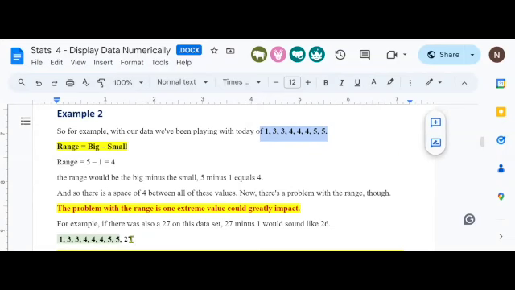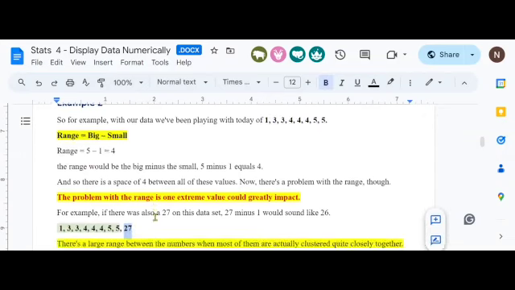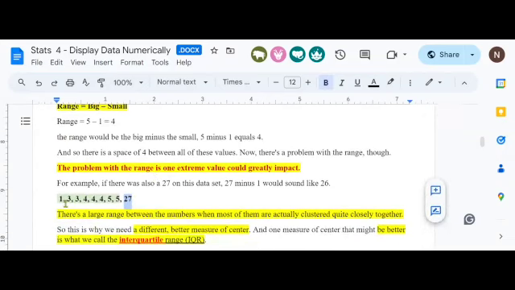Why? Because the 27 is off. So here we're going to say 27 minus 1 is going to give you how much? 26. Now you're off too much. So there is a large range between the numbers when most of them are actually clustered quite closely together.